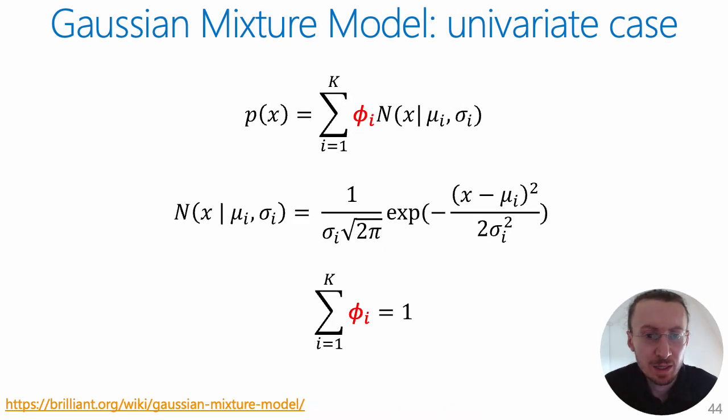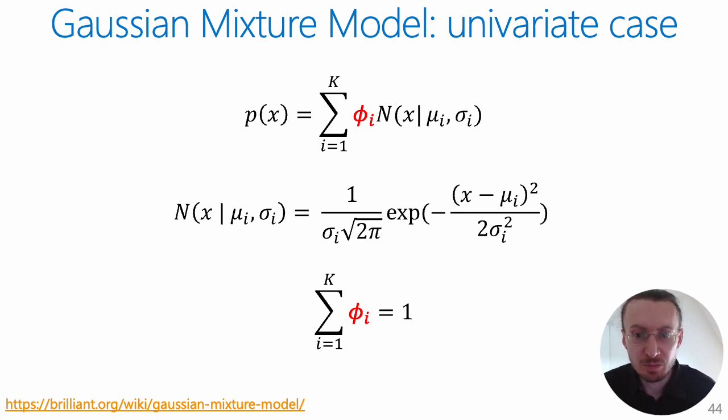So this is how the Gaussian mixture model is defined. It is a parameterized function, p of x, parameterized by two types of values. The first is the mixture component. This is actually an important part of this mixture of Gaussians. This is just the component weight expressed as phi sub i, the weight for each Gaussian.